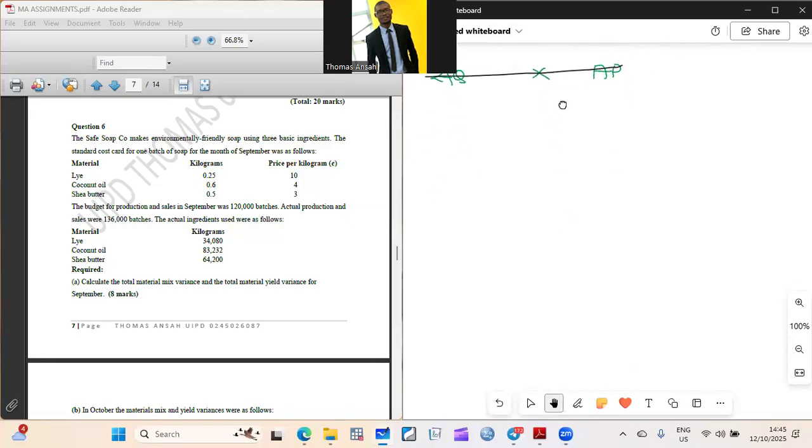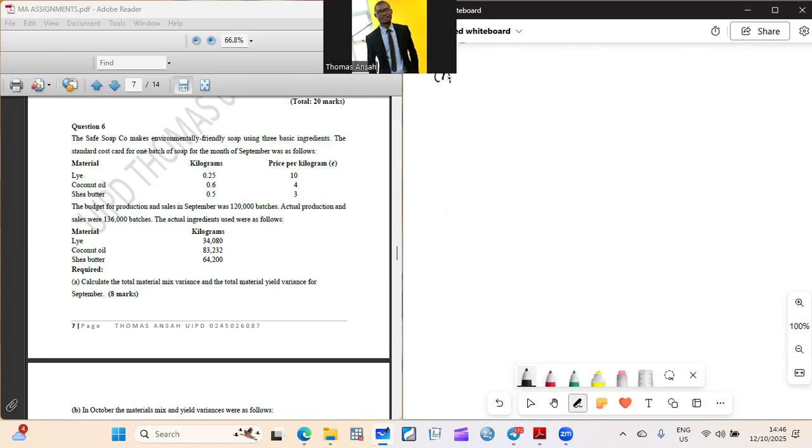Let's do it together. First we are doing material mix variance, and then we'll do material yield variance. Now, what is the formula for material mix variance?